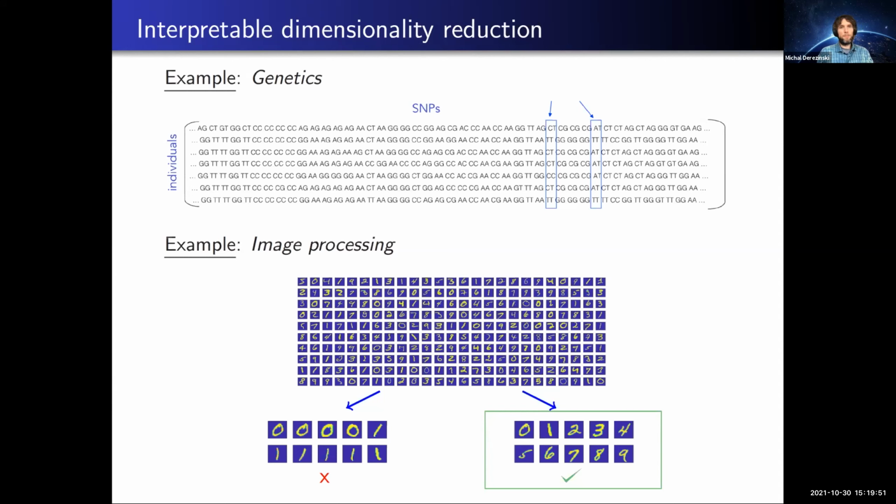This subset can then be used by domain experts to extract insight from the data. Other applications of interpretable dimensionality reduction that have been demonstrated arise, for example, in the context of image and text processing tasks.